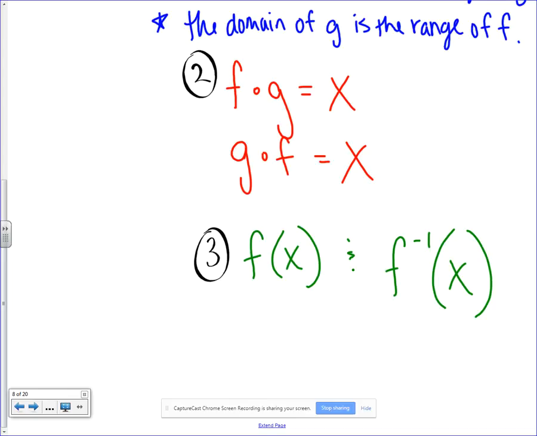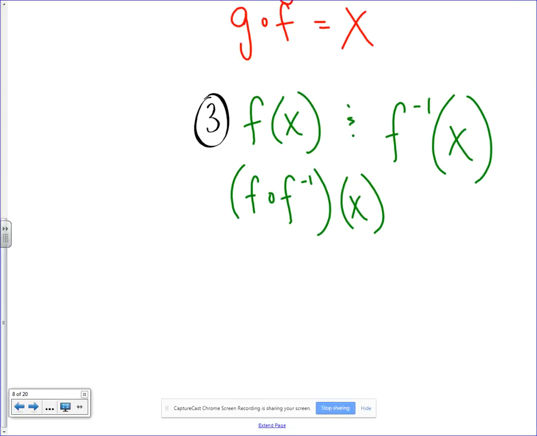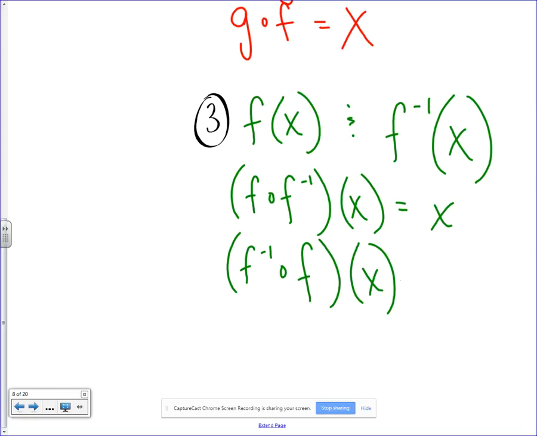So if I'm going to do compositions, that would be the first way, and that would be the second way. And remember, these things both must equal x. Okay, so let's go ahead and try some of these using these compositions.